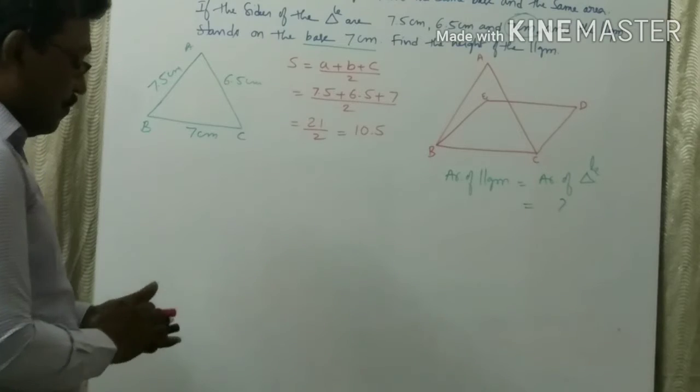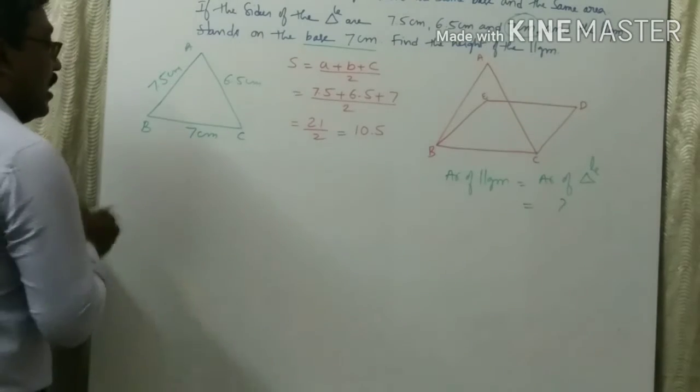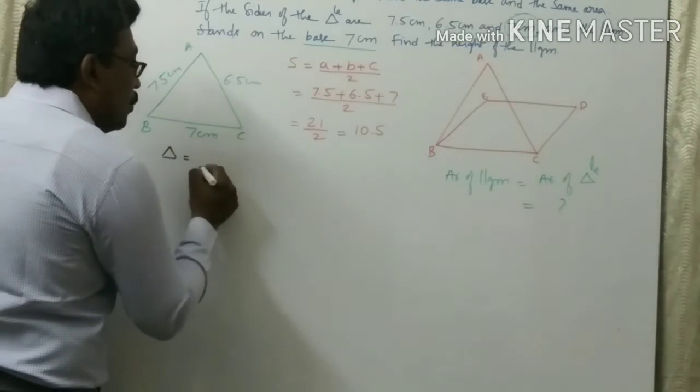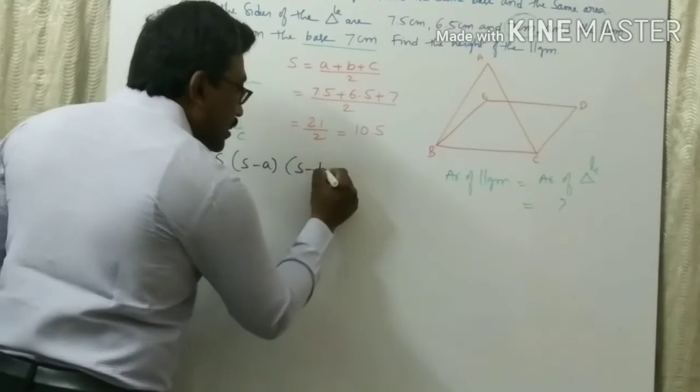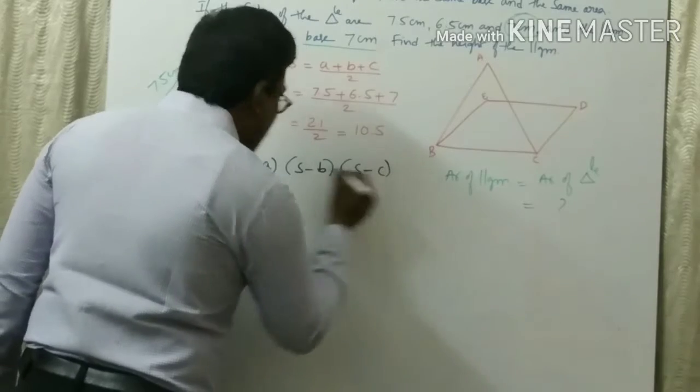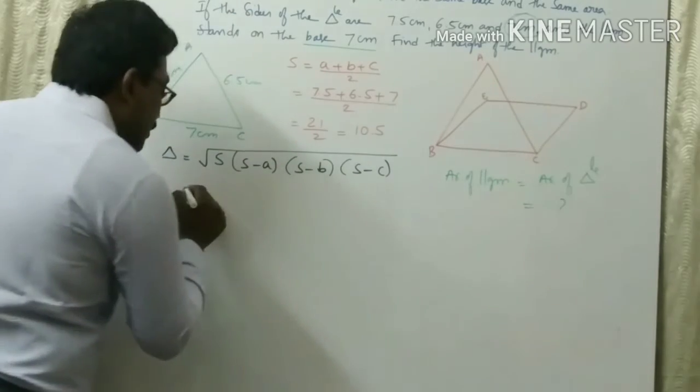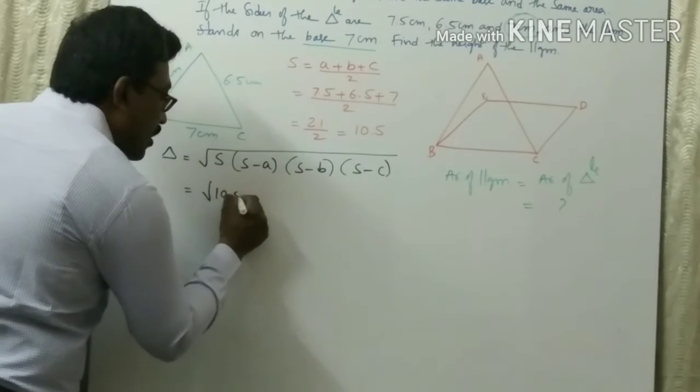Now, area of triangle. The formula is root of S into S minus A into S minus B into S minus C. So S is 10.5.